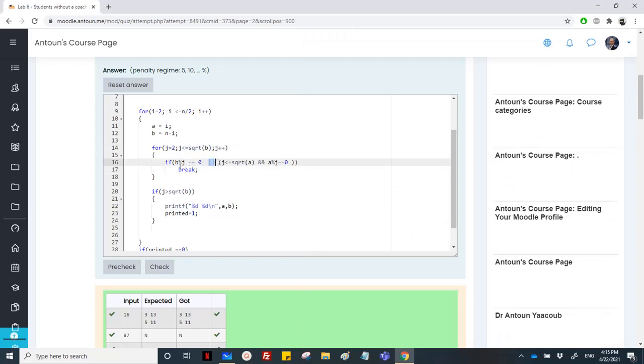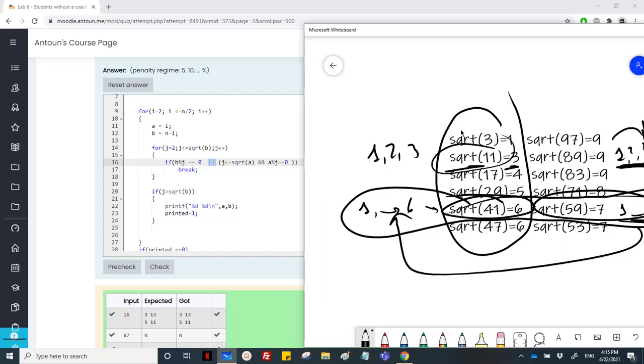Otherwise, I will check also at the same time if the number j divides number a. However, j could be bigger than the possible values a can take.